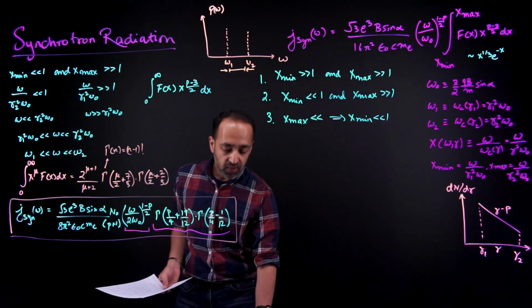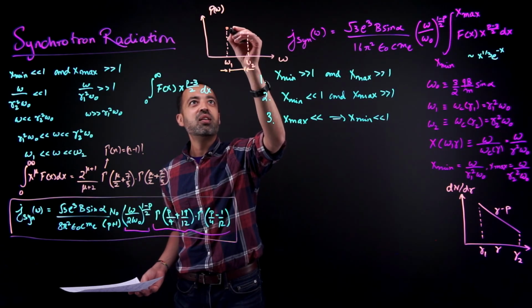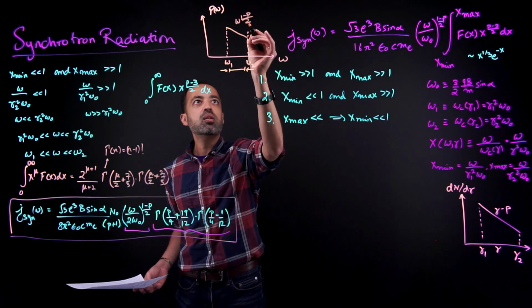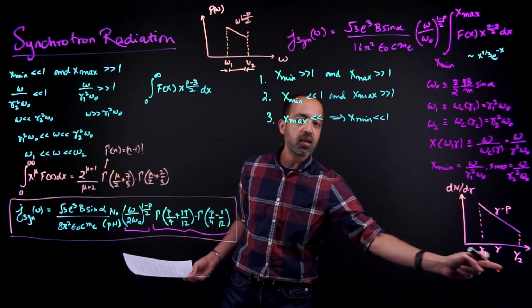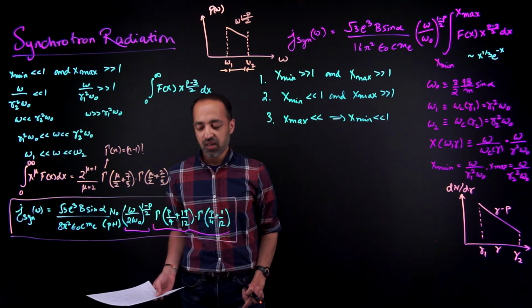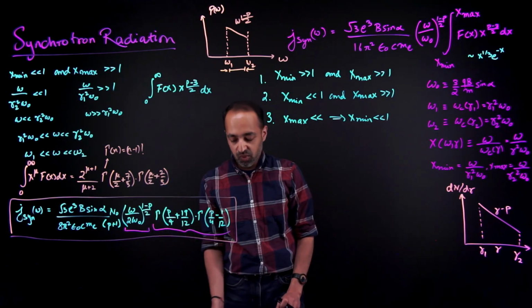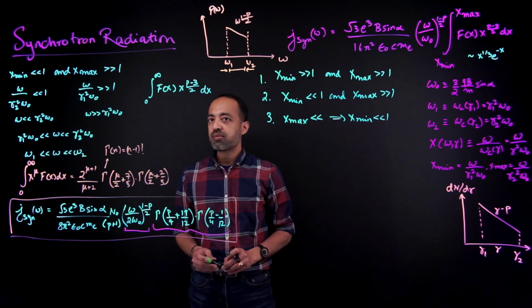And so now in excruciating detail we can see that the spectrum has a power law slope of omega to the 1 minus p over 2 as long as you are in the regime between omega 1 and omega 2, which are the characteristic frequencies of the gamma 1 and gamma 2 electrons, respectively. So I know that's possibly quite a lot of different bits of information, a lot of integrations.